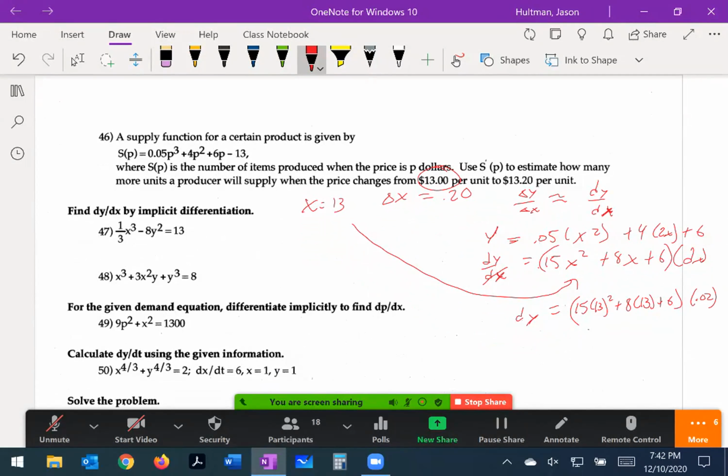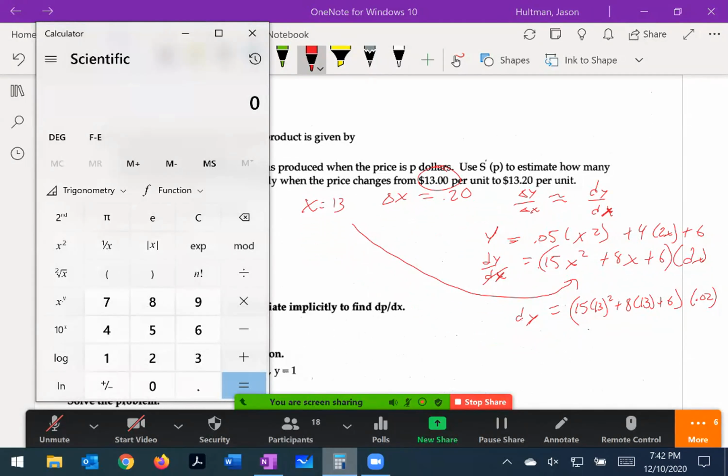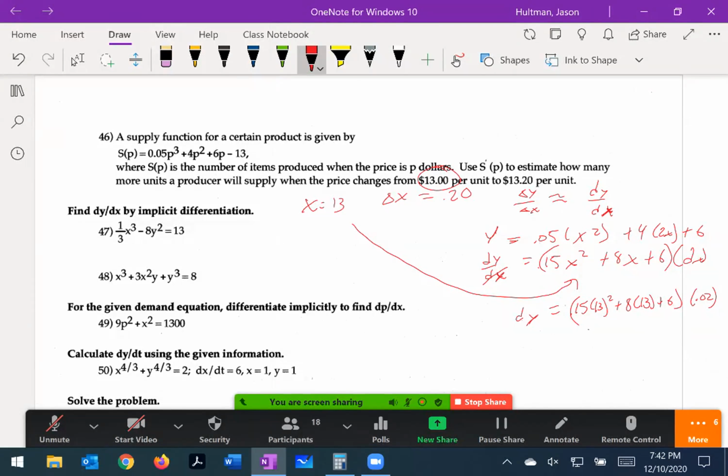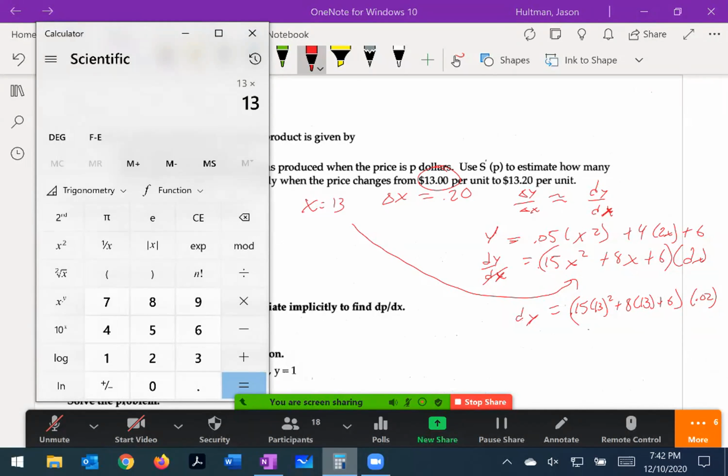Okay, so let's plug that into a calculator. 13 times 13 times 0.15, plus 8 times 13 plus 6 is 135.35. Times that all by 0.02, and I get about 2.707.